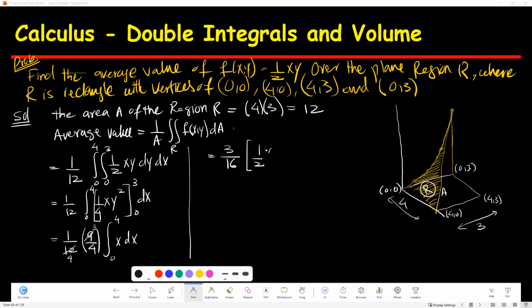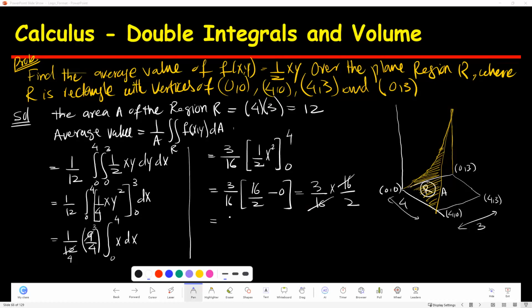Integral 1 over 2 x squared from 0 to 4, so 3 over 16, and then 4 times 4 is 16 over 2 minus 0. Okay. Maybe we can multiply the 2, so it's going to be 3 over 16 times 16 over 2.